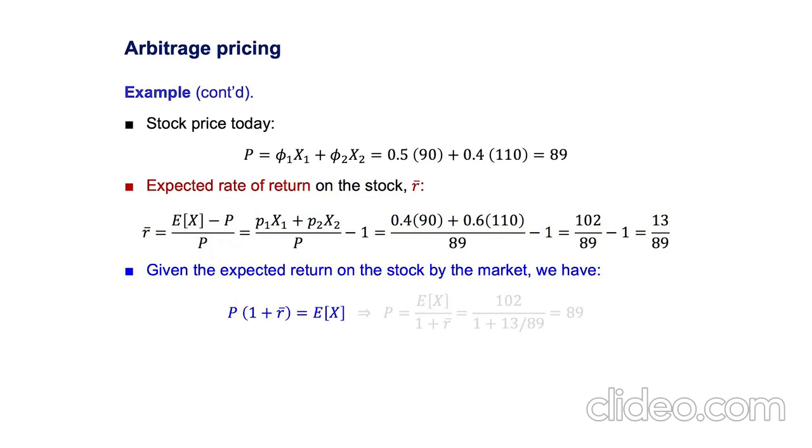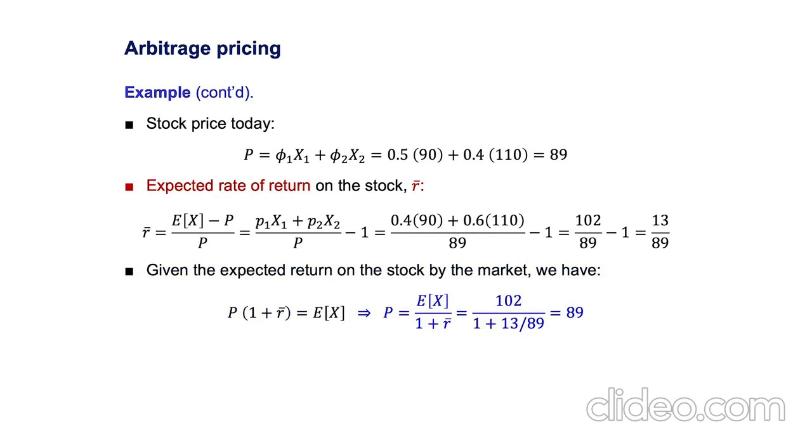Given the expected rate of return on the stock by the market, we also have the following expression. The price of the stock times 1 plus the expected rate of return on the stock should equal the expected payoff on the stock.